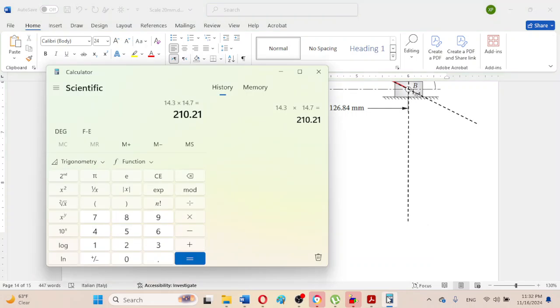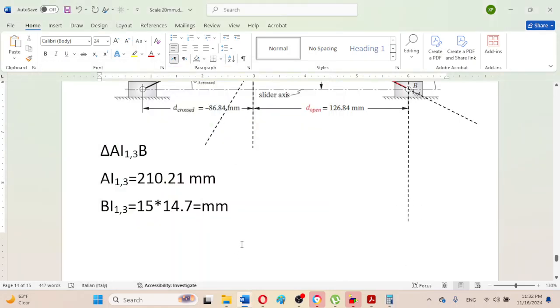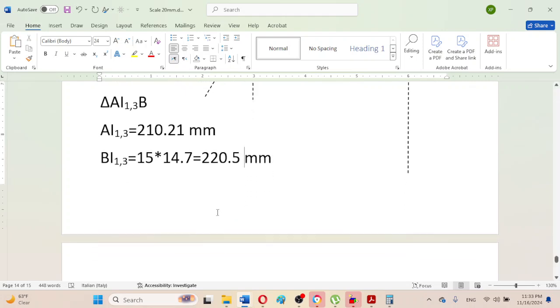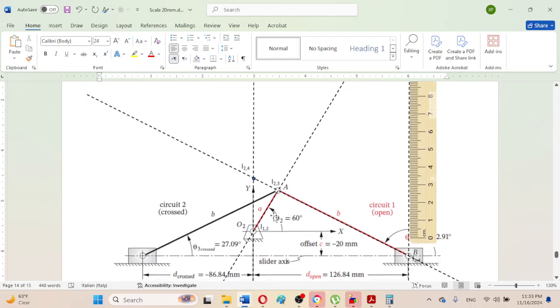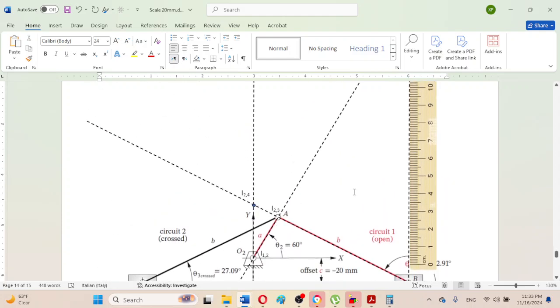So this comes out to be 15 multiplied by 14.7, so that is equal to 220.5 millimeter approximately. So in this way the distances A I1,3 and B I1,3 have been located.